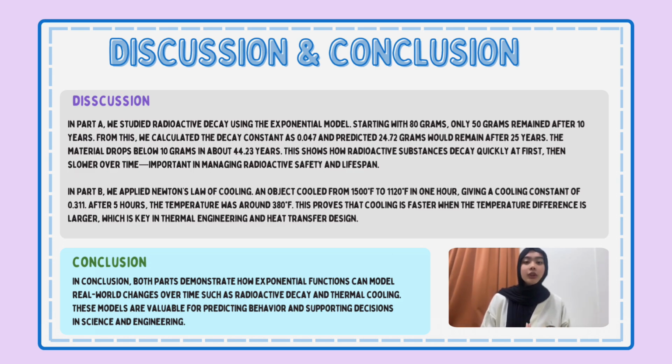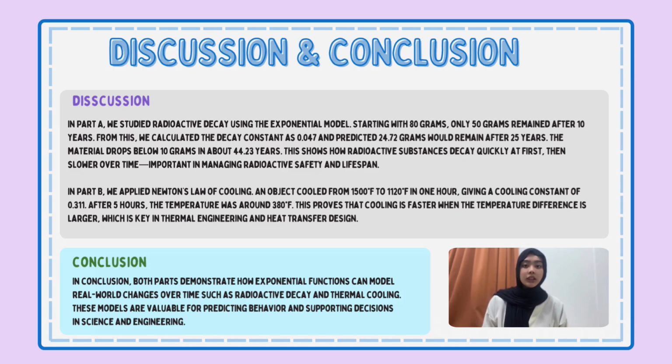In part B, we applied Newton's law of cooling. An object cooled from 1,500 Fahrenheit to 1,120 Fahrenheit in 1 hour. Given a cooling constant of 0.311, after 5 hours, the temperature was around 318 Fahrenheit.